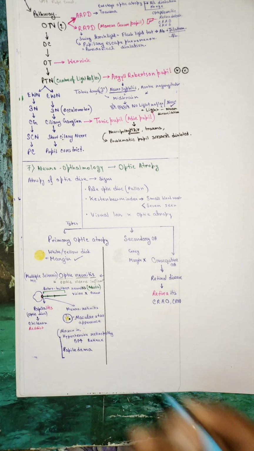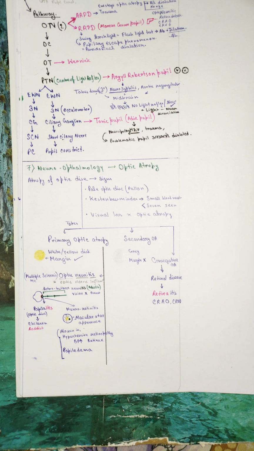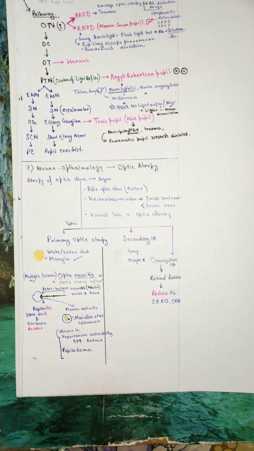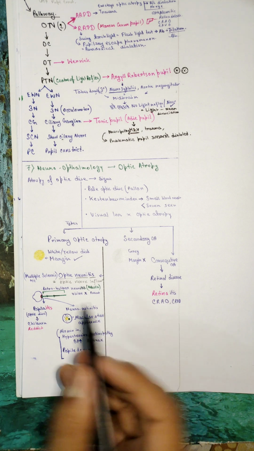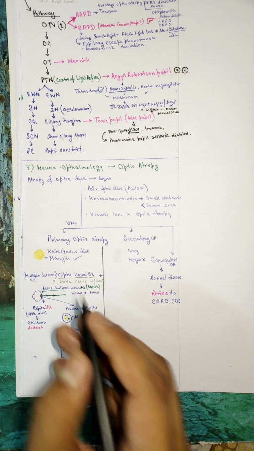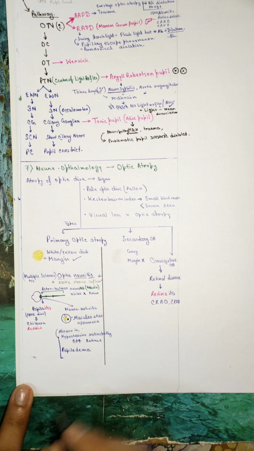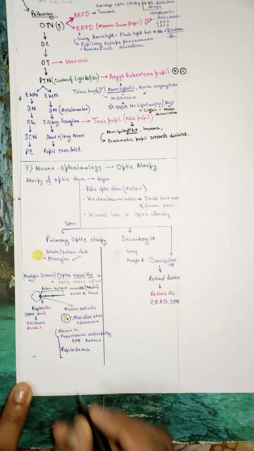Now, the second part is optic neuritis. Here now comes the second part, how to treat optic neuritis. Okay, so the clinical features in case of optic neuritis.